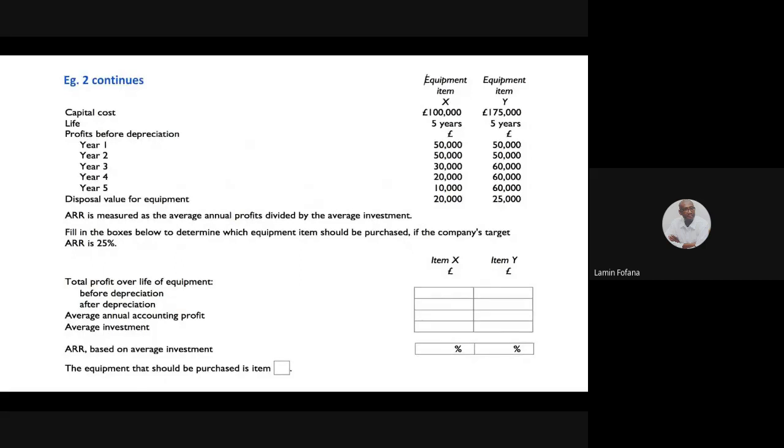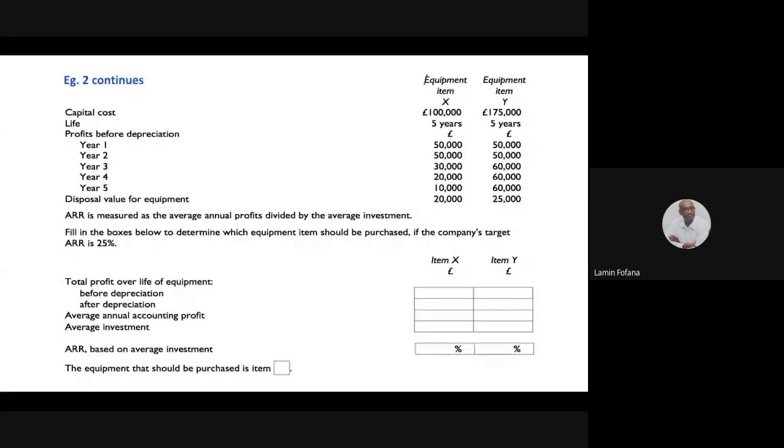So two equipments, two projects: equipment X and equipment Y. You need to assess and calculate their accounting rate of return and compare them to the company's target, which is 25%. Is that clear? So this is exactly what we're going to do.